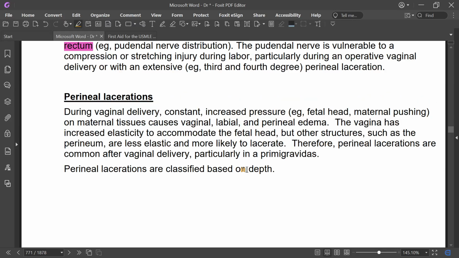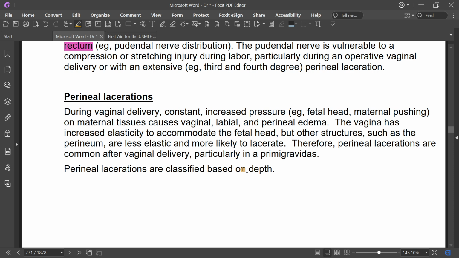During vaginal delivery, constant increased pressure from the fetal head and maternal pushing on maternal tissue causes vaginal, labial, and perineal edema. The vagina has increased elasticity to accommodate the fetal head, but other structures such as the perineum are less elastic and more likely to lacerate.